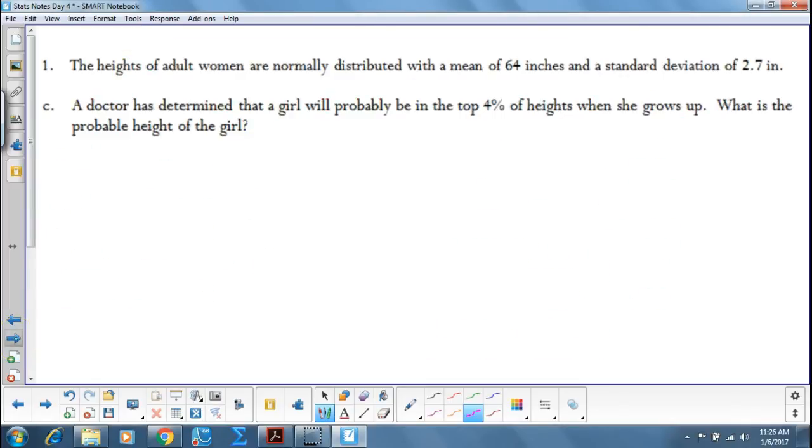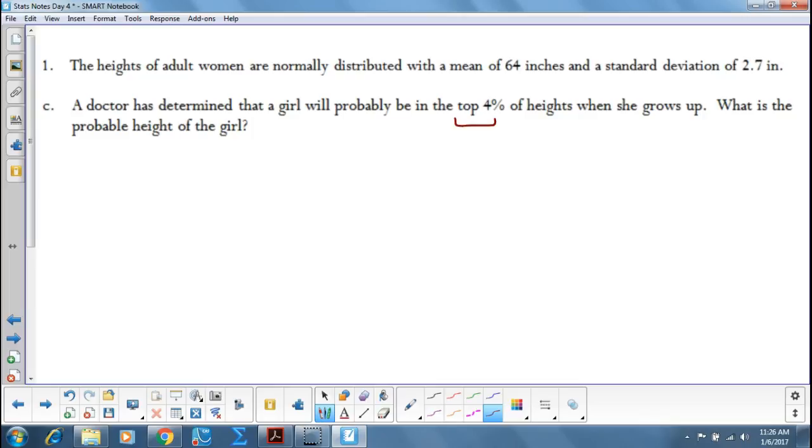A doctor has determined that a girl will probably be in the top 4% of heights when she grows up. So top 4% means which percentile? Not the 4th percentile. The 96th percentile.